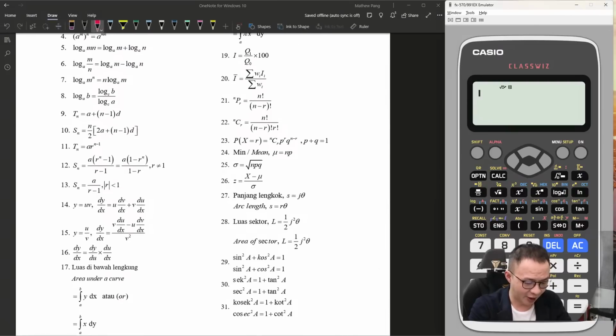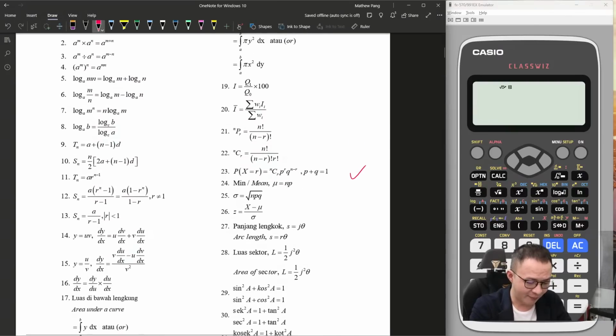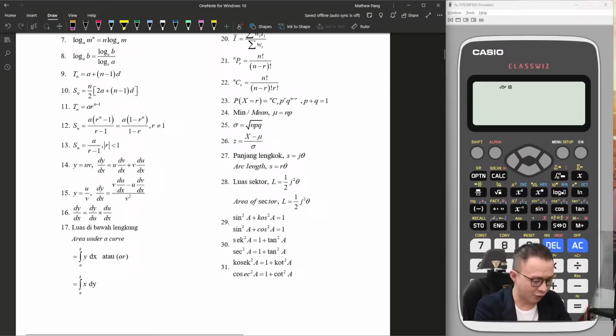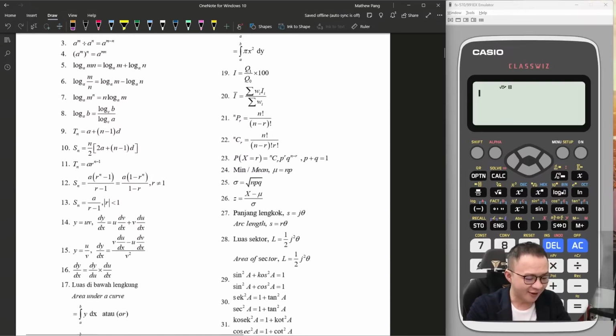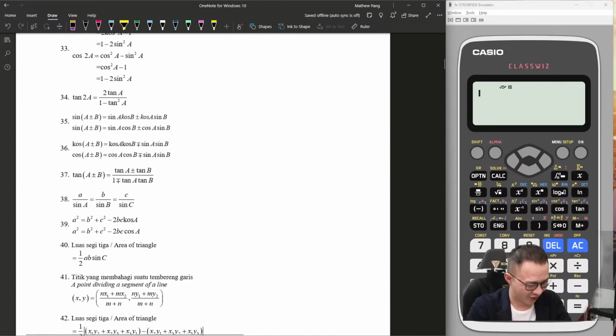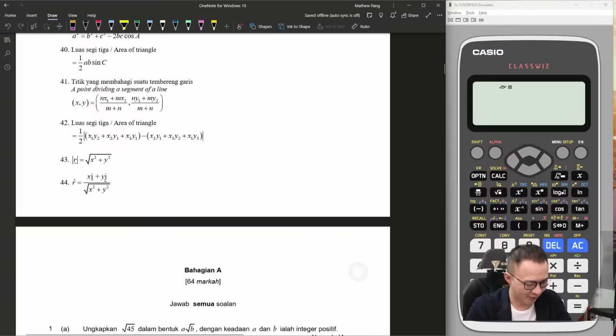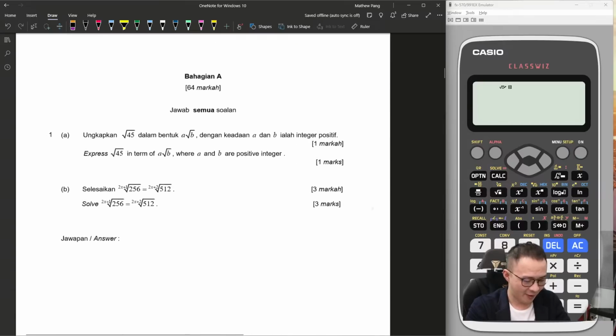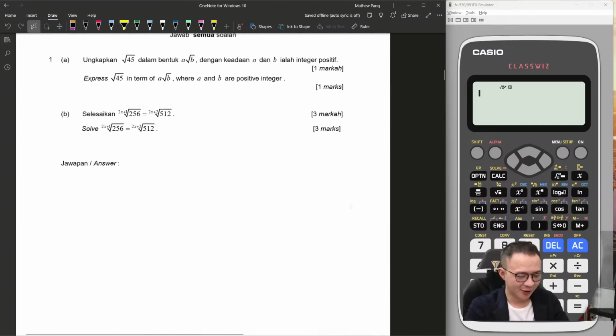Yes, binomial formula is given, and so are MPL and NCL. They literally give you a lot of formulas, even the product rule and quotient rule. Wow, surprise. Is it standard, or do only Kelantan students get so many formulas, like 44 or 45?